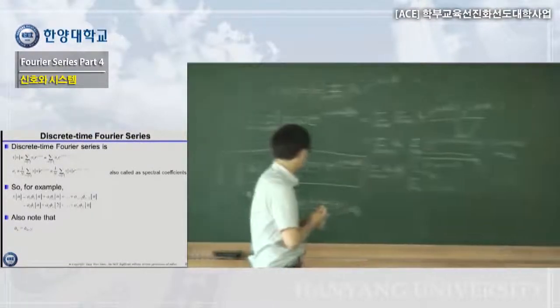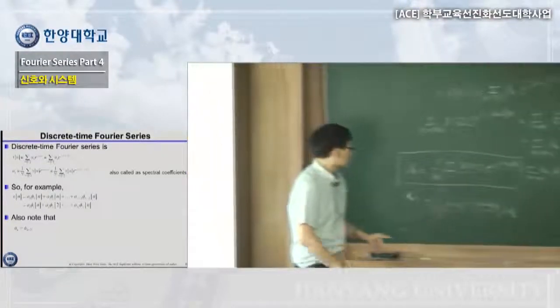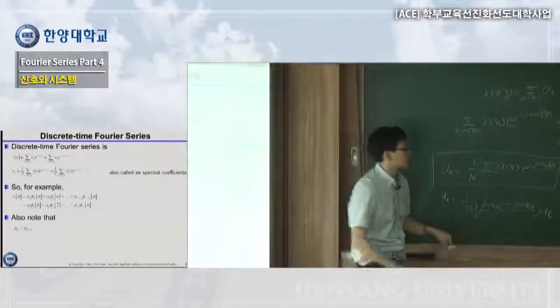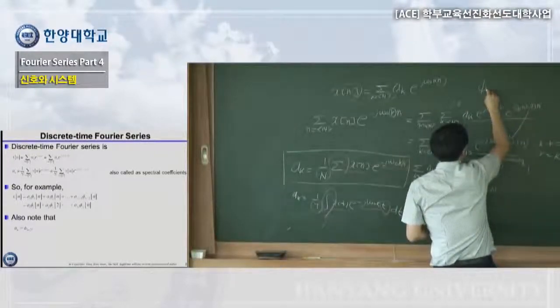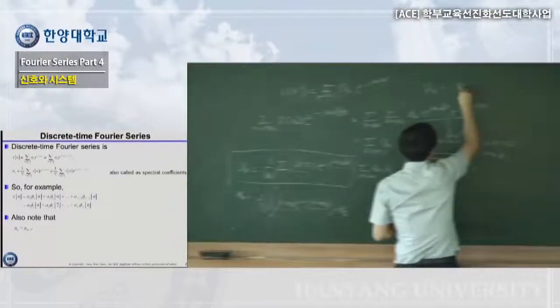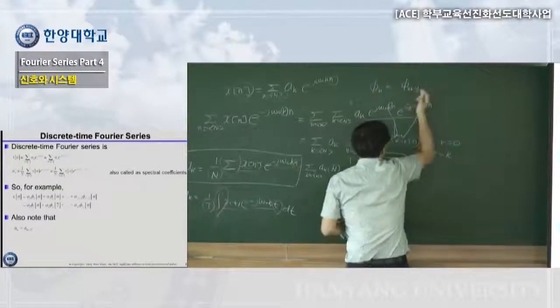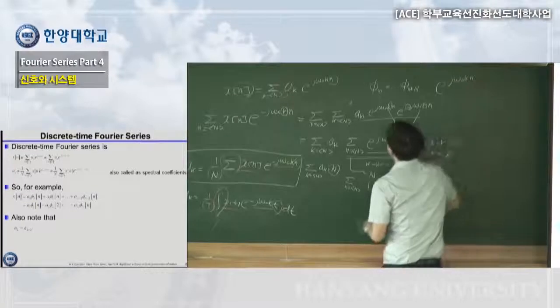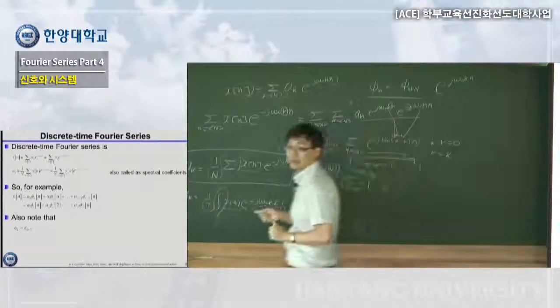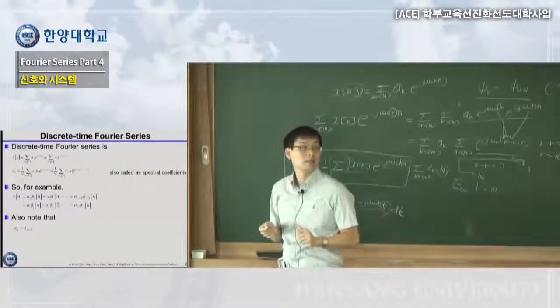One thing to note here is that previously phi_k[n] equals phi_k[n plus N], where phi_k[n] is e to the j omega 0 k n. They are repeating by period of N, right?